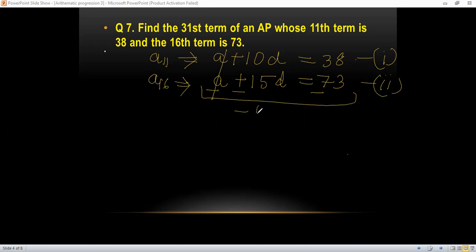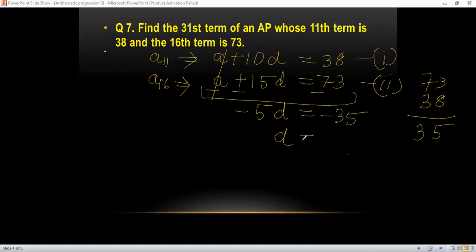This is minus 5D is equal to 38 minus 73. 13 minus 8 is 5, and 7 minus 3 is 4. Minus 35. So D will become, minus will get cut.